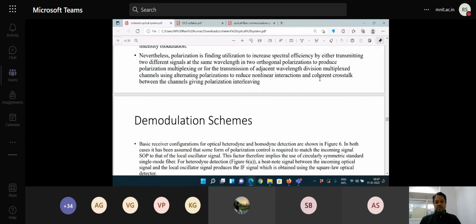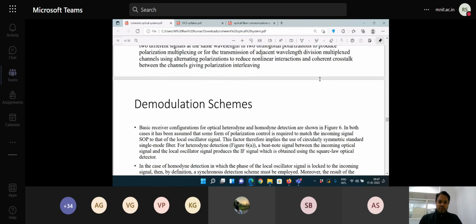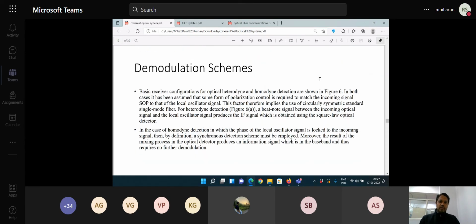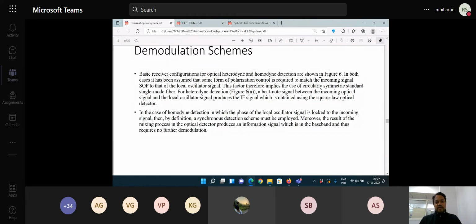So that is the reason this is being pursued. Demodulation schemes. We have the heterodyne and homodyne detection.